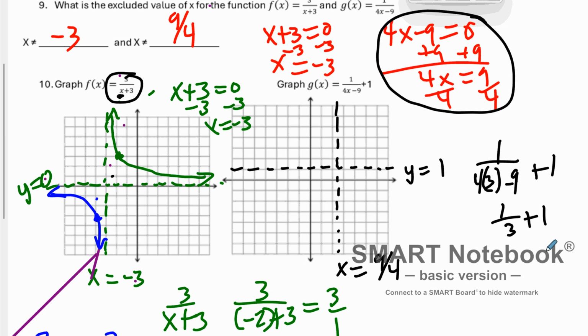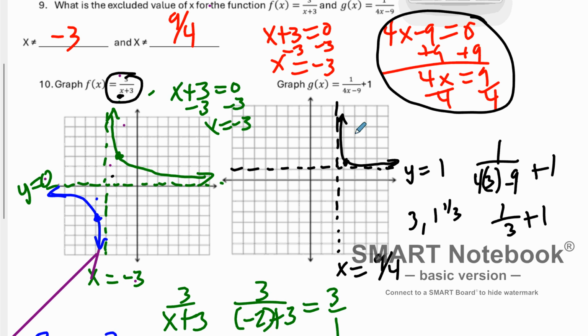That's just 1 1/3, correct? So I'm going to plug in 3, and I'm going to get out 1 1/3. So I'm going to go over 3, 1, 2, 3, and then go up 1 1/3. So I'm a little bit higher than my 1, correct? So somewhere right there. So I want to approach this one, and then I want to approach this one.